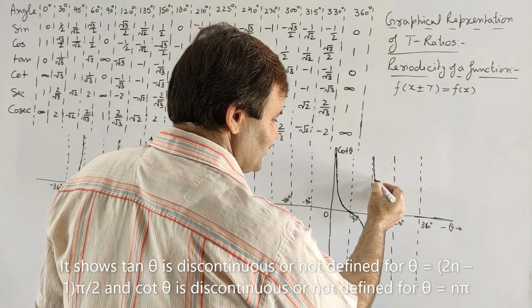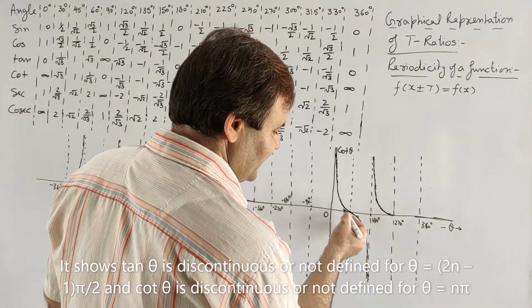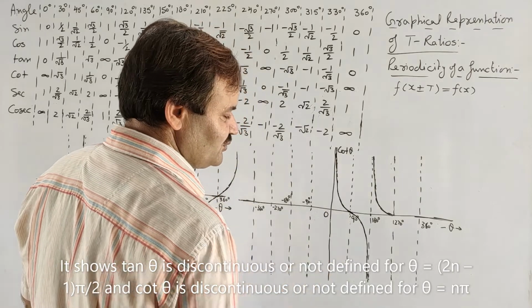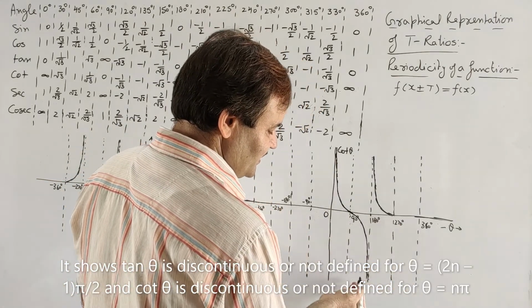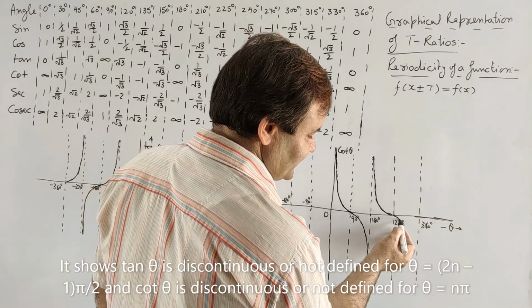So from 180 to 270, again the curve will be of the same shape as from 0 to 90 degree, and then 270 to 360 again like that in 90 to 180.